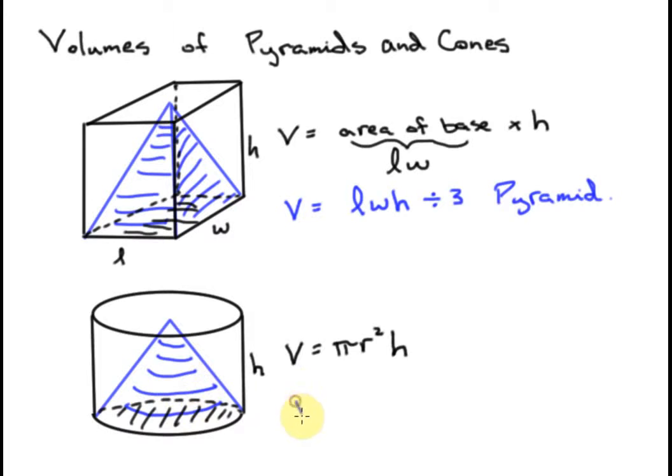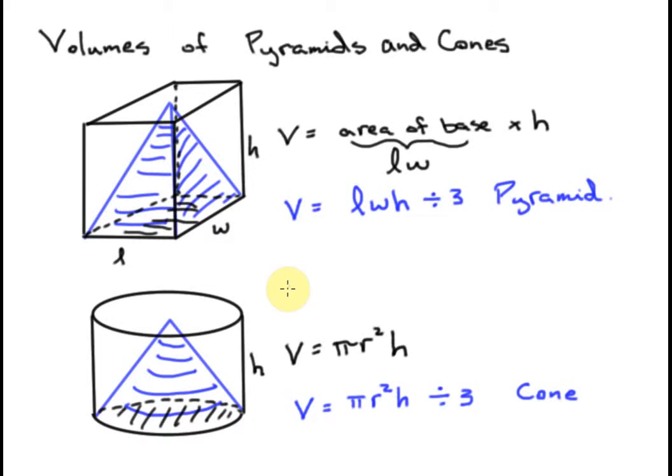Now you could probably guess the formula for the cone. It's the volume of the cylinder divided by 3, just like it was up here for the pyramid.